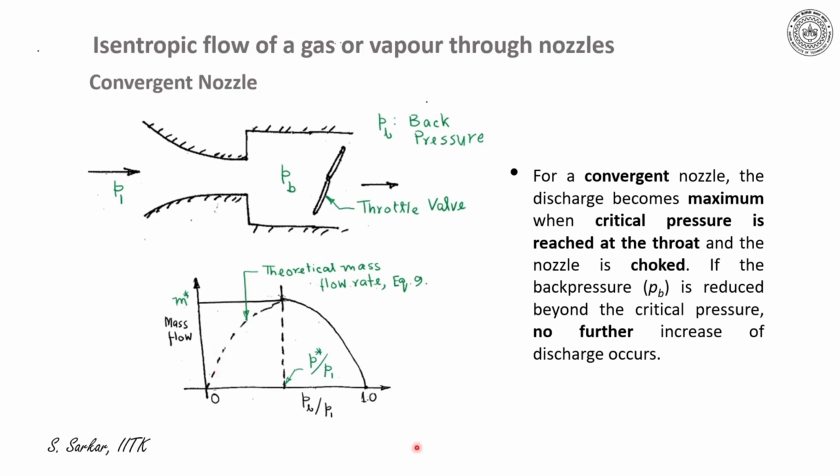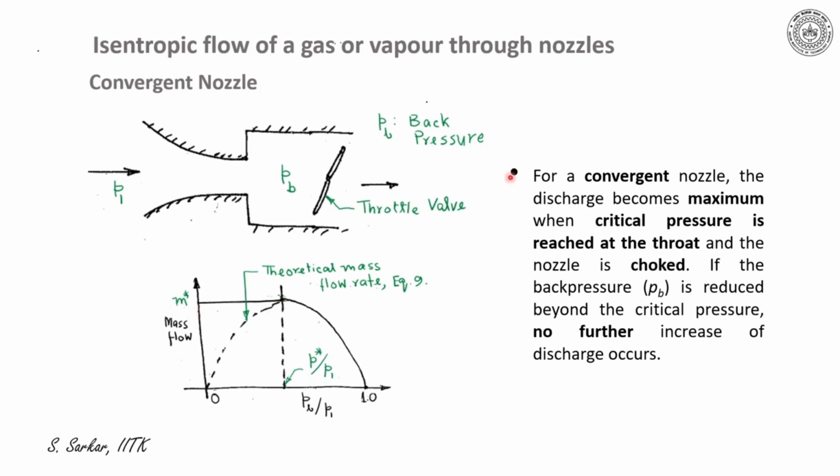However, in a practical situation, the flow is indicated by the firm line, which illustrates that with decrease of back pressure, mass flow will increase, and when the back pressure is equal to P star, then mass flow would be maximum, which is represented by M star. After that, mass flow would not change.